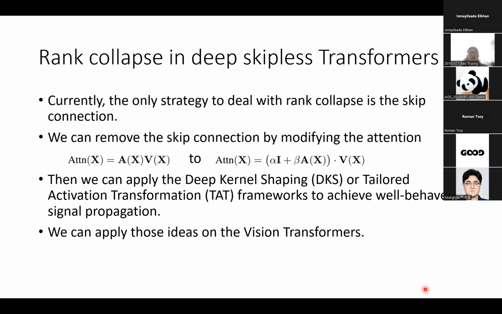Currently, the only strategy to deal with rank collapse is the skip connection. Maybe we can try to remove the skip connection by modifying the attention mechanism, and then apply frameworks like Deep Kernel Shaping or Taylorized activation transformation to achieve good signal propagation. And sure, we can apply those ideas to the vision transformer.